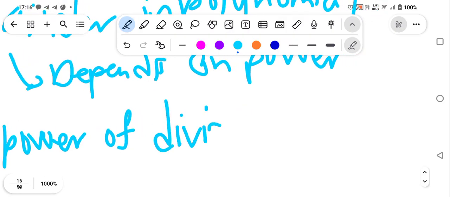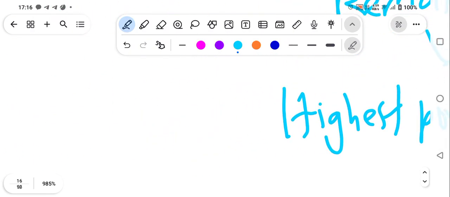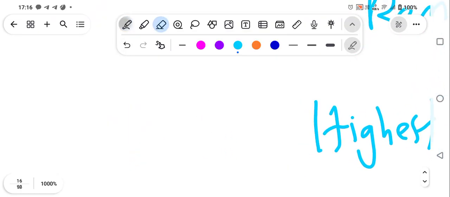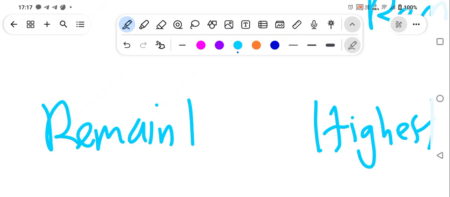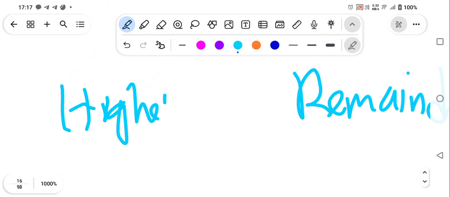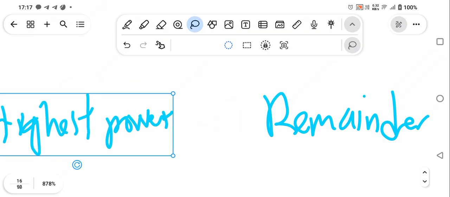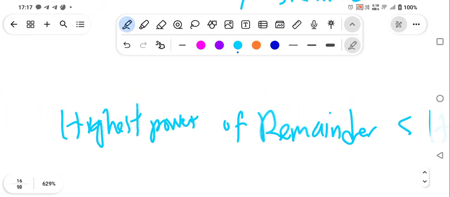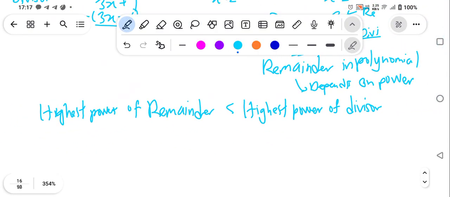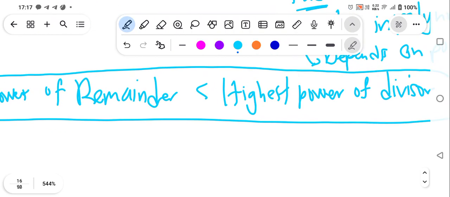So if your polynomial is, let's say, f(x), the remainder. So if the highest power of the remainder is less than the highest power of the divisor, then this is a remainder.